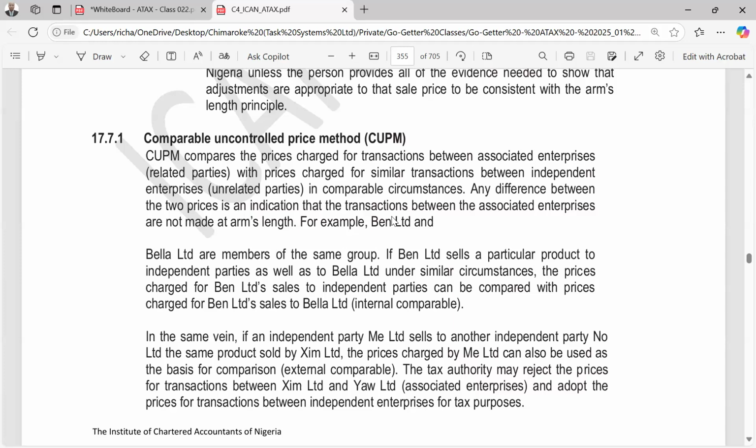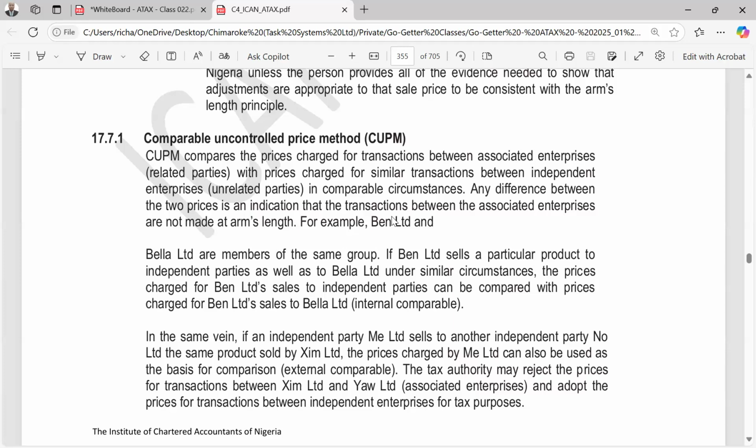Now, normally, associated companies will want to have controlled transactions. So when you deal with an associated party and it is seen as a controlled transaction, in that same set of circumstances, if two independent, unrelated parties hold similar transactions, will they have similar results? Will they be given the same prices?